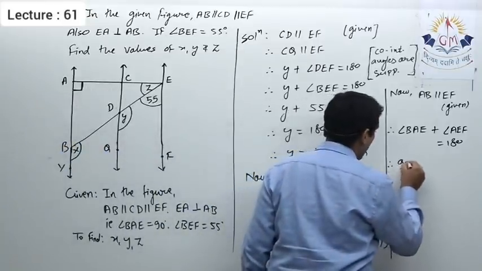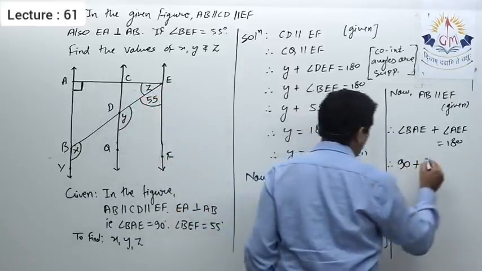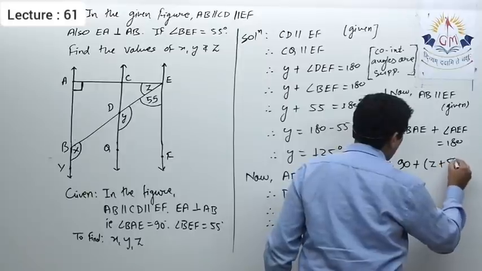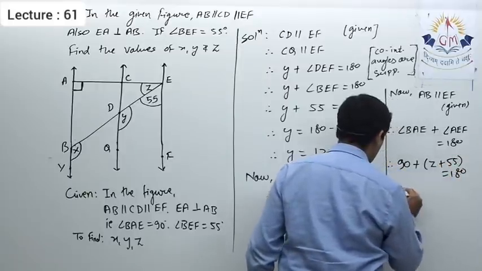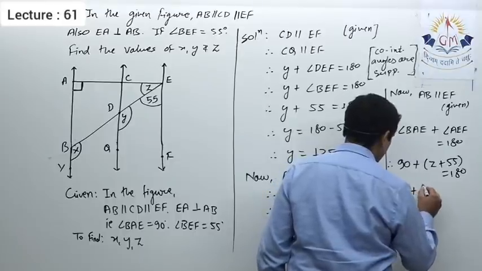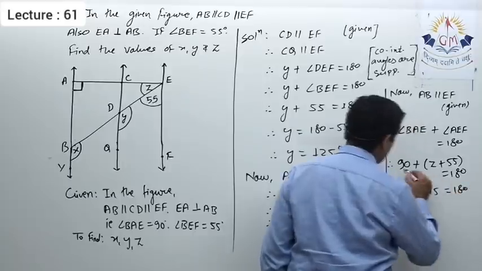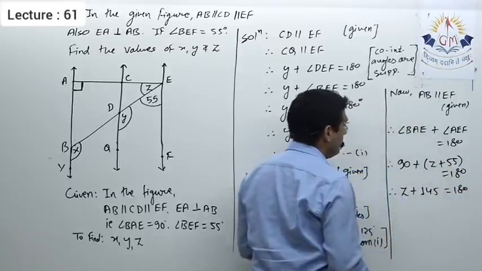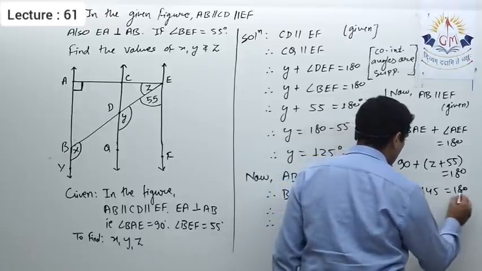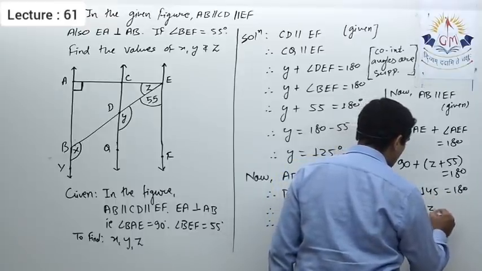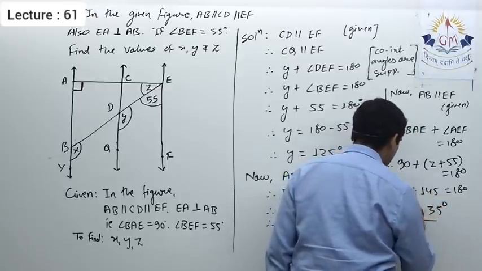So 90 plus. Now, what is angle AEF? Z plus 55. Z plus 55 is equal to 180. Therefore, Z plus 145 is equal to 180 degree. 90 plus 55. Okay, so Z is equal to 180 minus 145, that is 35 degree.